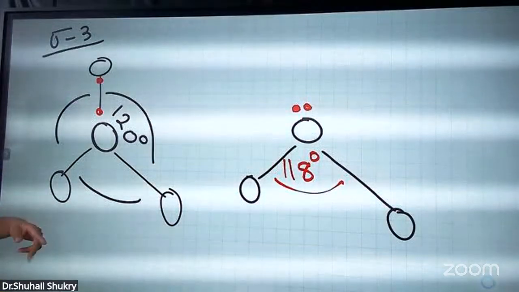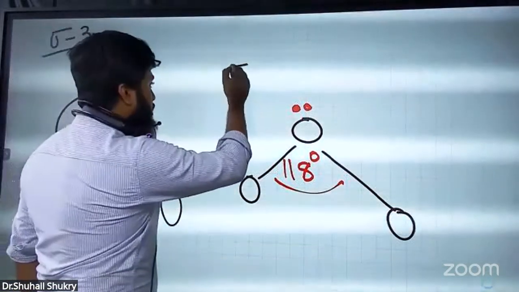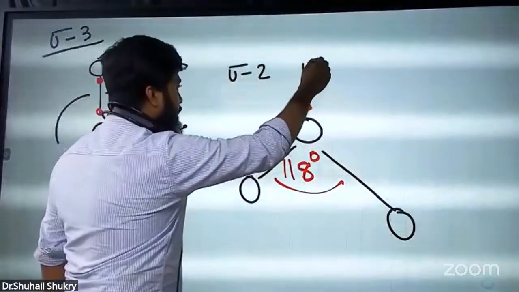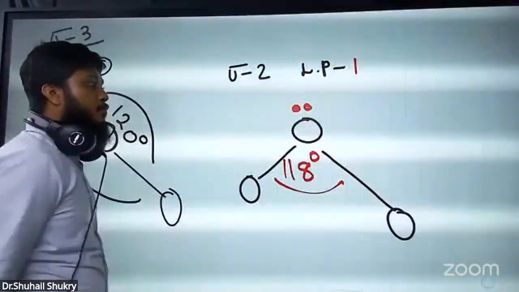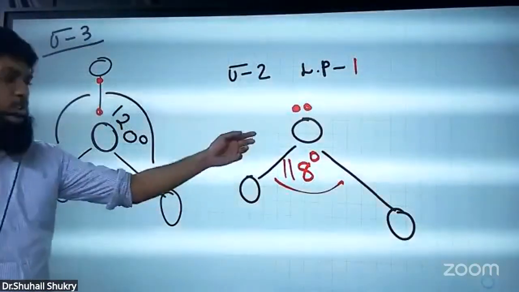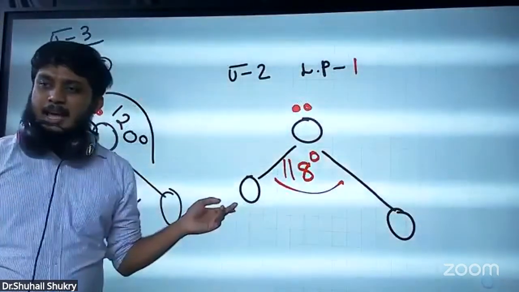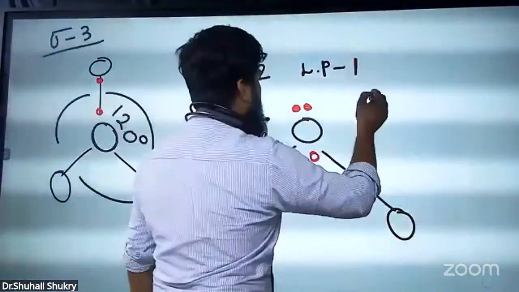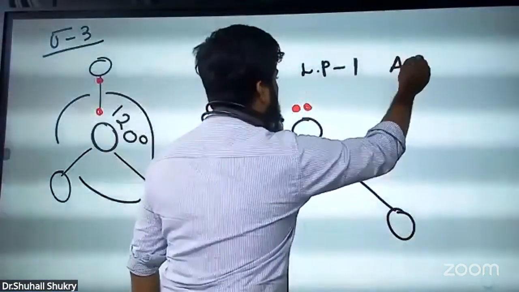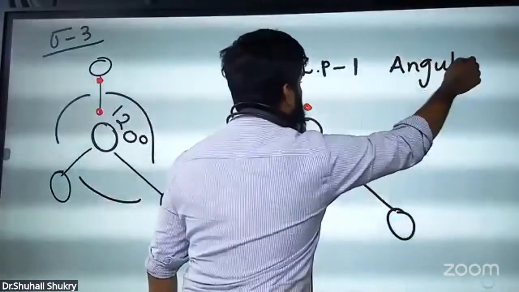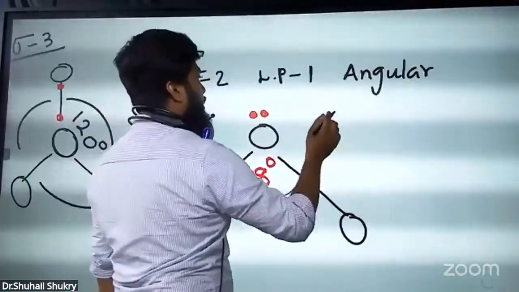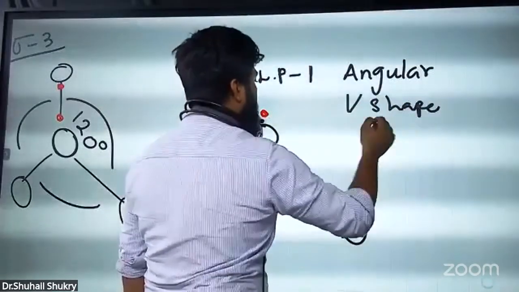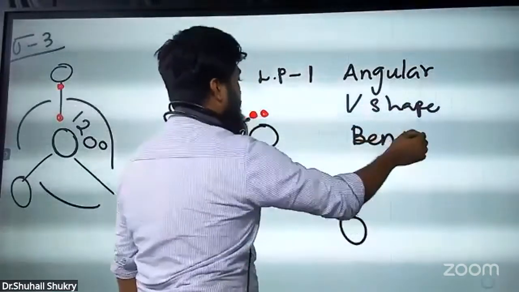So now, what is this? Sigma 2 and lone pair 1. Sigma 2 and lone pair 1 means this looks like an angular shape. Nothing, we can also call this V shape, or bent.